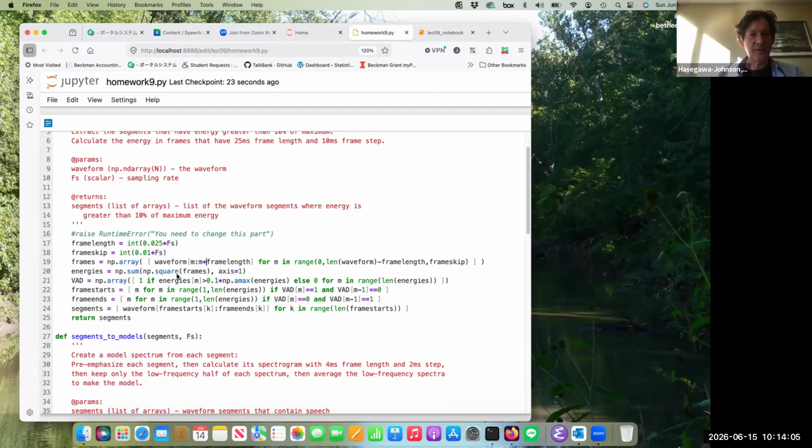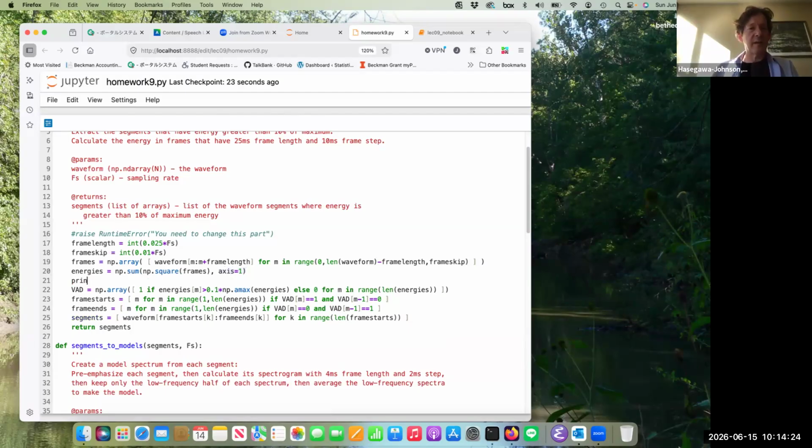The energies are the square of the frames and then summed. We want the frames where the energies M is greater than 0.1 times the maximum energy. And then we're summing this along axis 1. That's along the frame. Let's print out what the energies are.